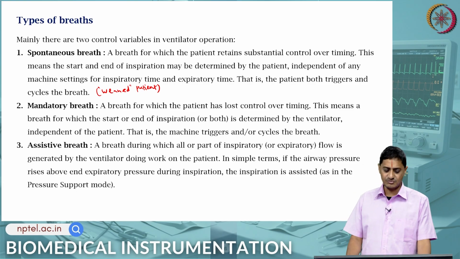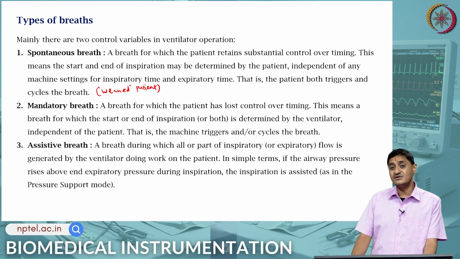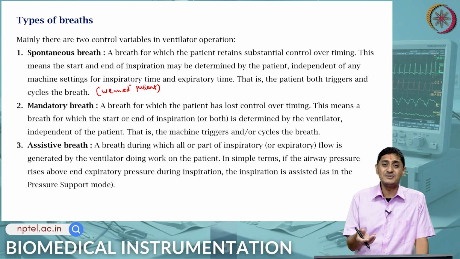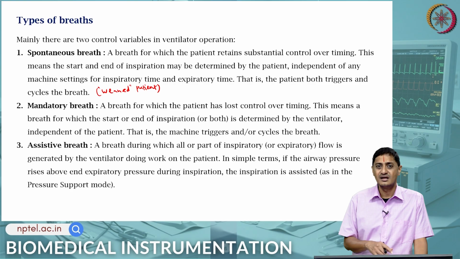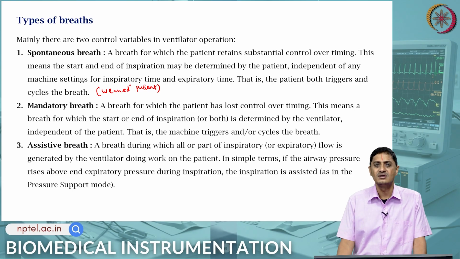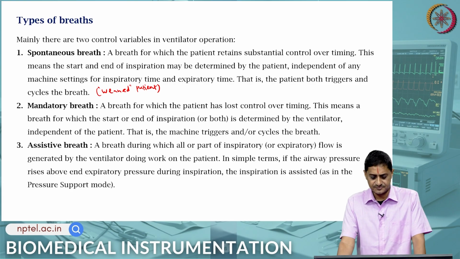Then you have assistive breath. This is a case in which part of the inspiratory or expiratory flow is generated by the ventilator doing the work on the patient, right. In other words, if the airway pressure increases above the end expiratory pressure during inspiration, then this inspiration is assisted, as in the pressure supported mode.